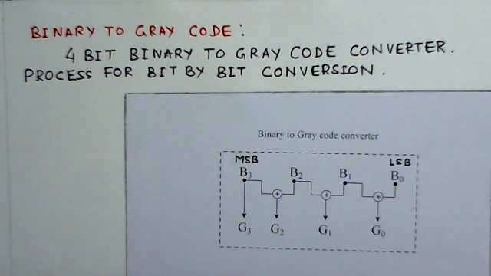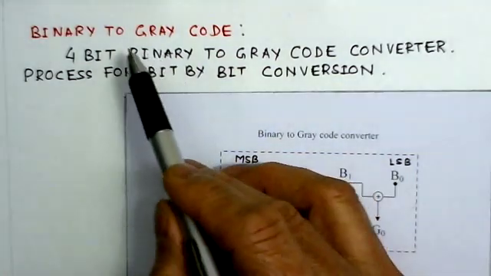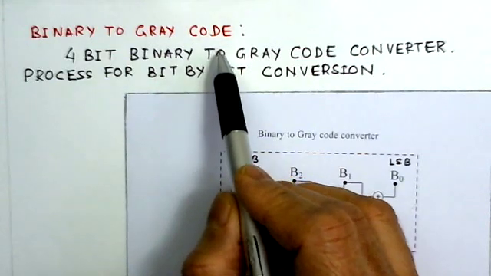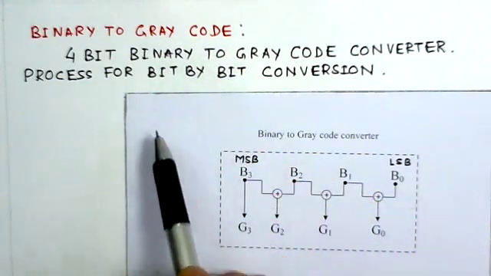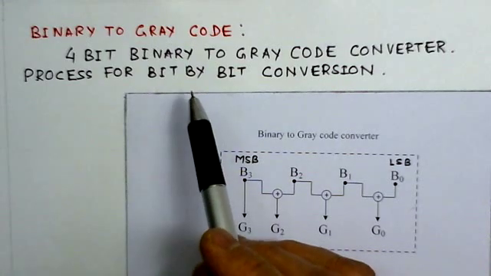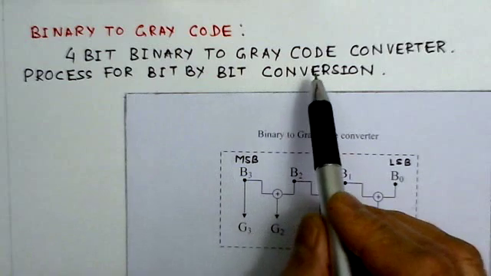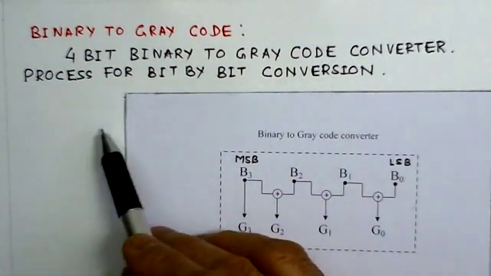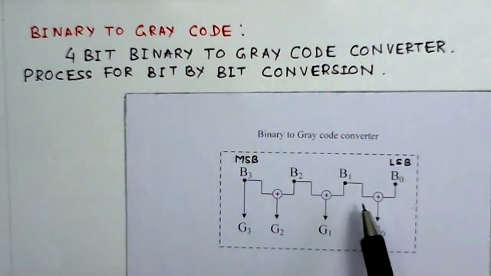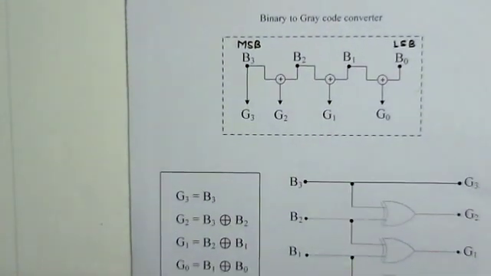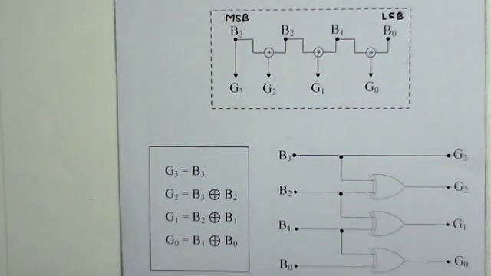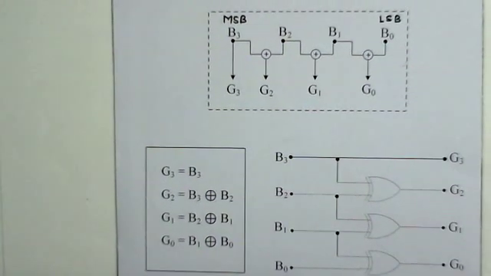Now one of the very important code converters is binary to gray code. This has been very popular, and a good number of questions have been asked on this code converter. I'll first show you the entire 3 diagrams which I have drawn here.